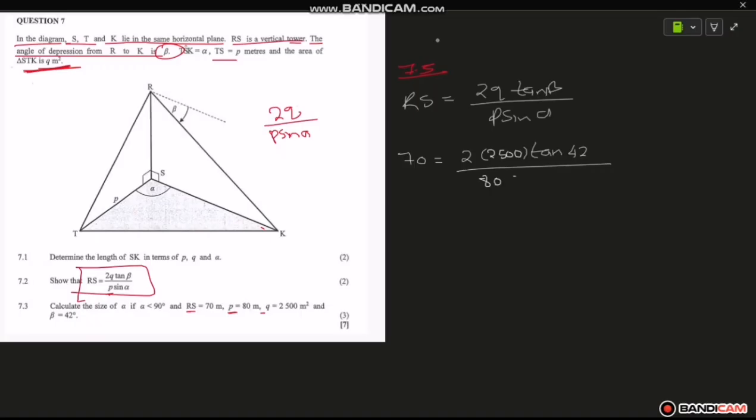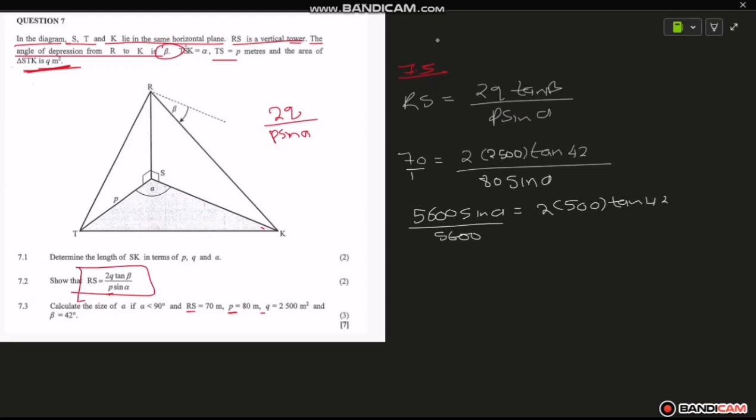Yes. Sine alpha. Therefore, we can cross multiply. Therefore, 70 times 80 sine alpha. Or you can actually write everything up there as numbers from your calculator. So 70 times 80 sine alpha, 5600 sine alpha equal to 2 into 2500 tan 42.